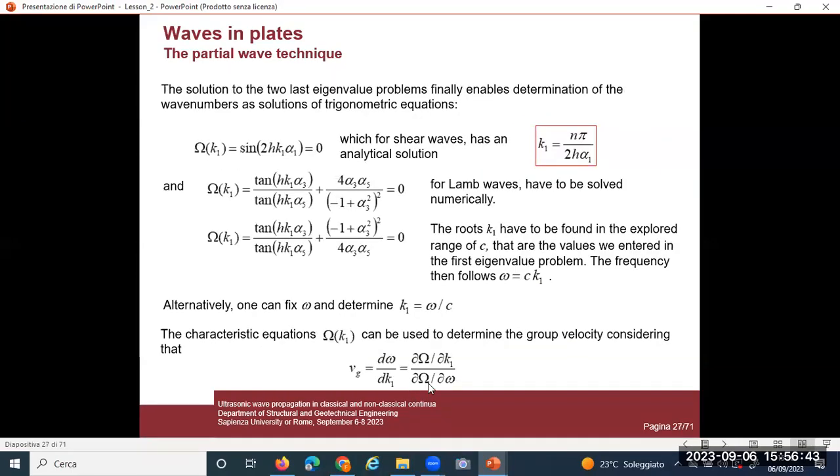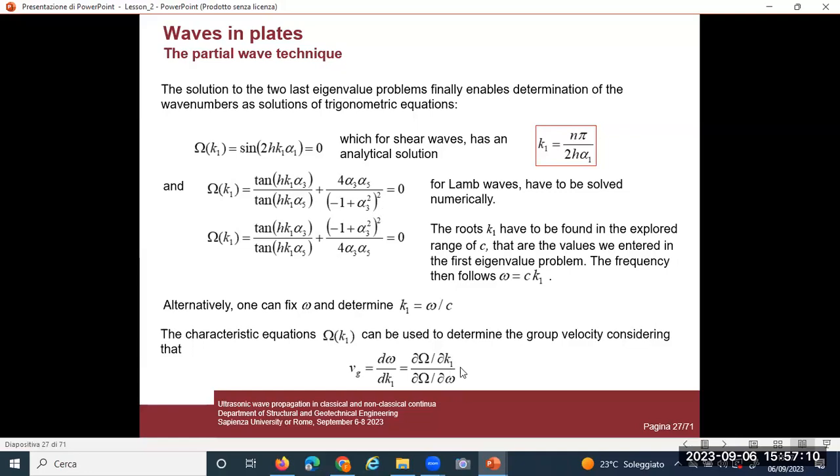Something else I wanted to tell you is how it is possible to derive the group velocity. This is actually easier than you can think, because you say, well, how can I do the derivative of omega with respect to k? It's going to be crazy. No, because you've got the characteristic equation.